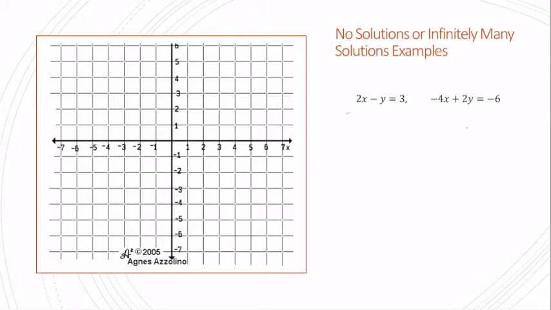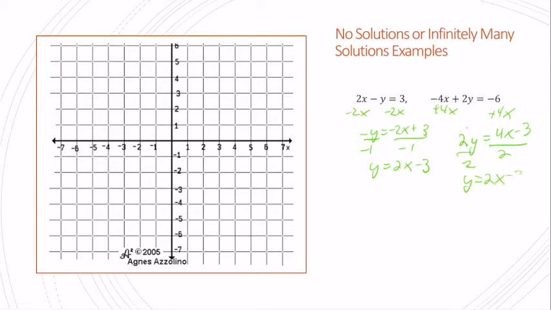All right, one more time, we're going to isolate our y variable. I'm going to add 4x to both sides. I have 2y equals 4x minus 3. I divide both sides by 2.